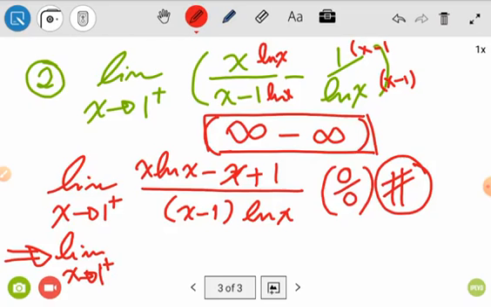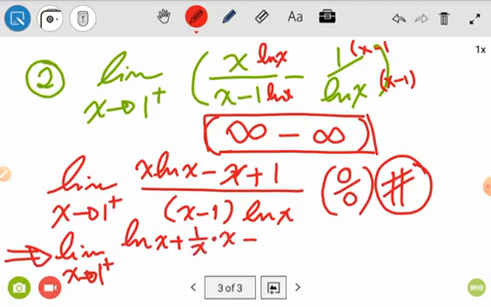The derivative of the first is 1, so we get ln x, then plus x times the derivative of ln x, which is 1 over x, so that gives 1.